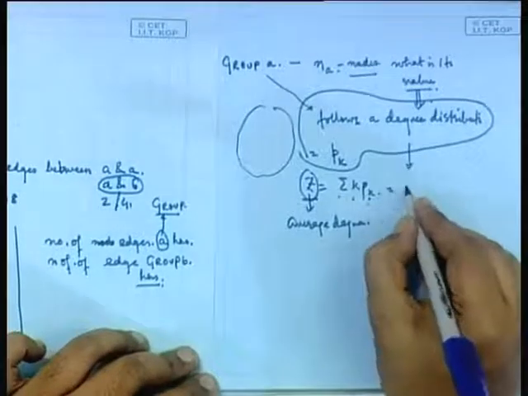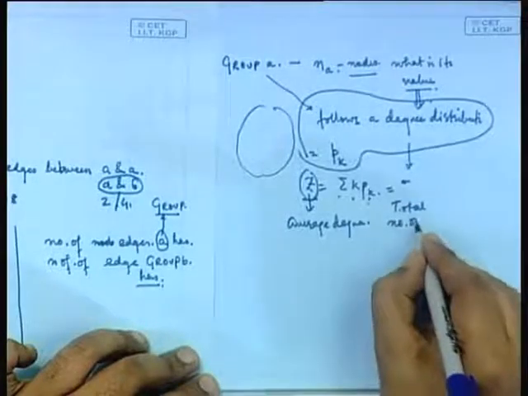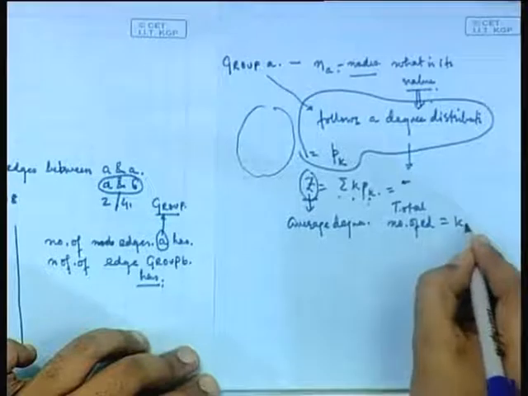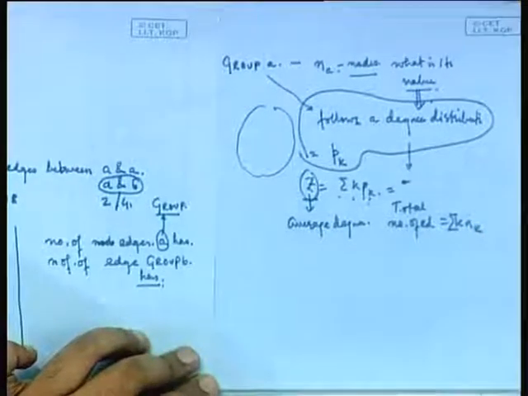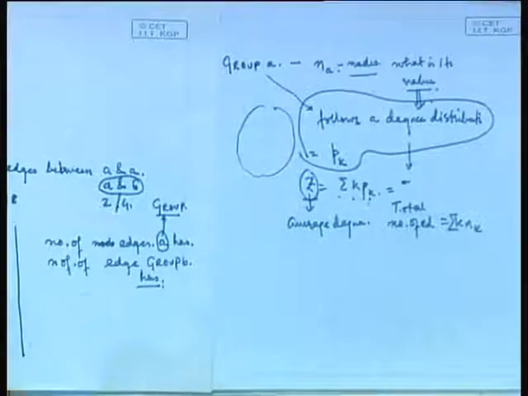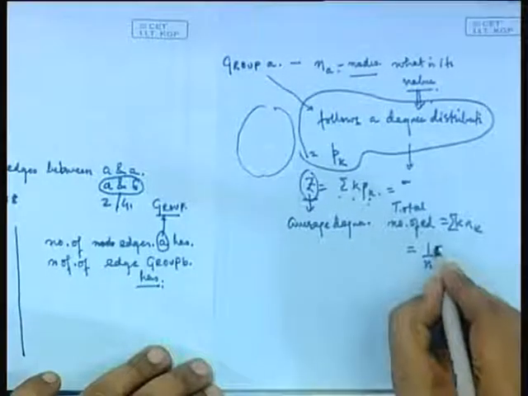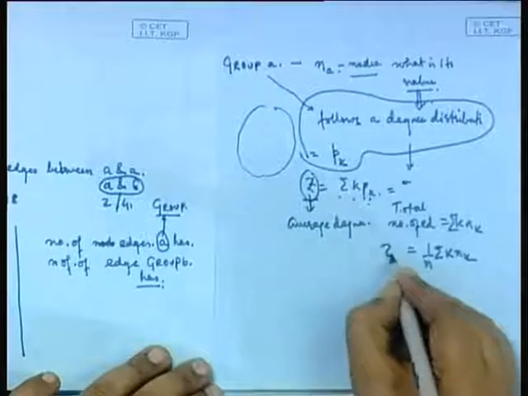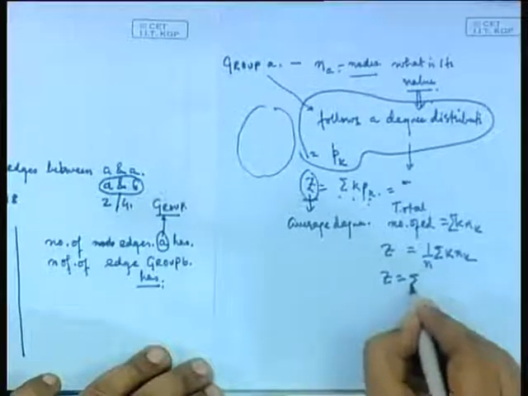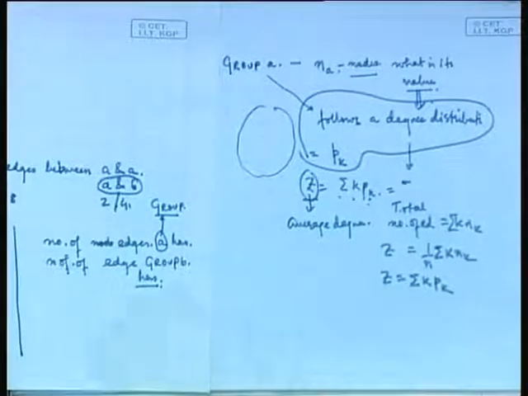Summation, the total number of edges, is summation of k n k: number of nodes with degree 1 into 1, plus number of nodes with degree 2 into 2, plus number of nodes with degree 3 into 3. Okay. And basically 1 by n summation of k n k gives you the average, and that you have written as summation of k p k. Okay. I think this is clear.